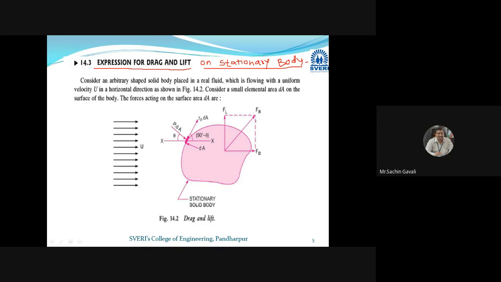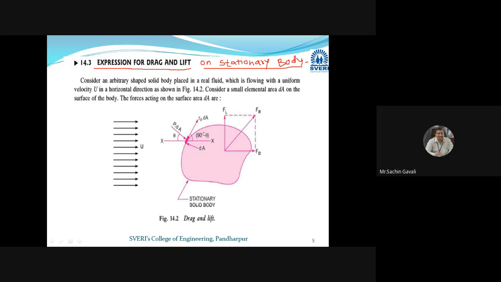If the resultant force acting on that body is Fr, we know that there are two components of it. One component in the direction of flow is called Fd. One component perpendicular to the direction of fluid flow is called Fl. That we know. Now we should know how to calculate the drag force and the lift force, or the expressions for drag and lift force. Now let us consider.